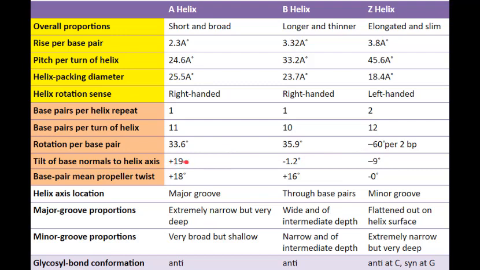This signifies how the base is positioned towards the horizontal floor. If you put the whole DNA vertically, you will see the base is more inclined here, and here the base is almost flat. The base is almost parallel to the surface, and here also it is more parallel to the surface in comparison to A-DNA. In A-DNA you will see the base is very inclined to the floor.